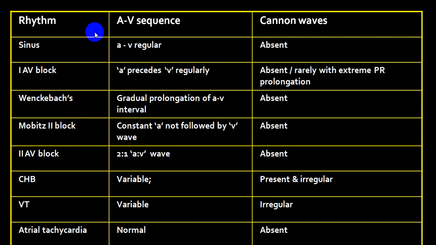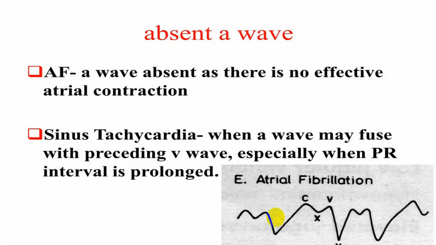Forget about this AV sequence. I have put this particular difference between AV sequence and cannon wave, how exactly you get it, so at your leisure time you can go through. We'll be dealing with this when we do ECG and correlation with other findings.